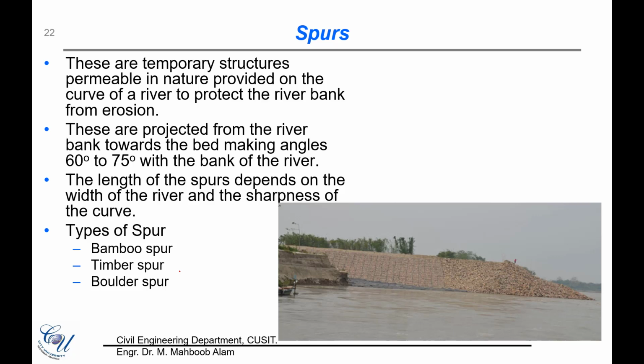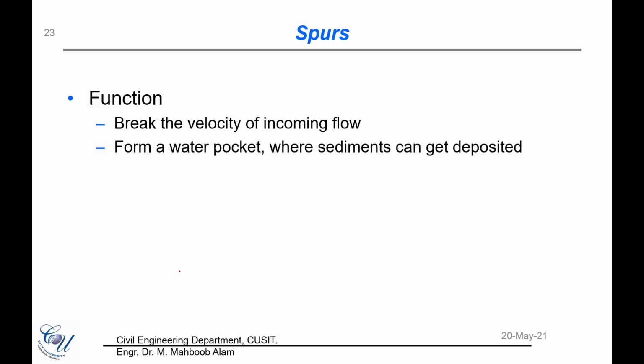So if there is a curve there, then the length of the spur would depend upon the radius of the curve. What is that radius of the curve, and how large or small the curve is. Not only in terms of the diameter, but also in terms of sharpness, we need to look at these curves. In any case, whatever the length of the spur is, usually we have three kinds of spurs. Either they are bamboo spurs, the timber ones, or the boulder ones.